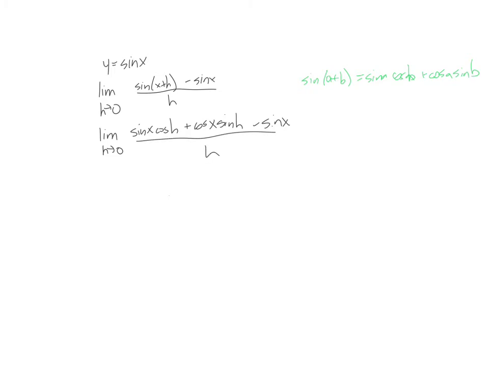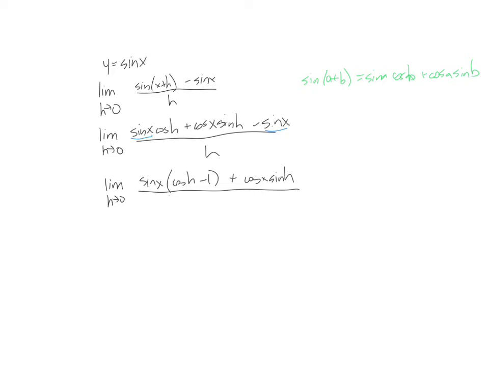Now our next step is to common factor out this sine x between these two terms. So let's rewrite it again as sine x in brackets cos h minus 1, and then our middle term would stay the same, cos x sine h, and all of that's over h.